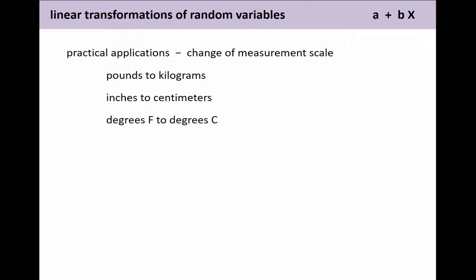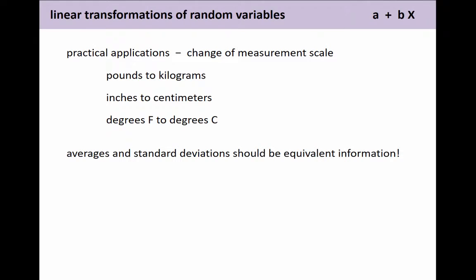Here are some practical applications of these ideas to changes of measurement scale. When we convert measurements from pounds to kilograms, from inches to centimeters, or from degrees Fahrenheit to degrees C, we're carrying out a linear transformation of the variable we're studying.